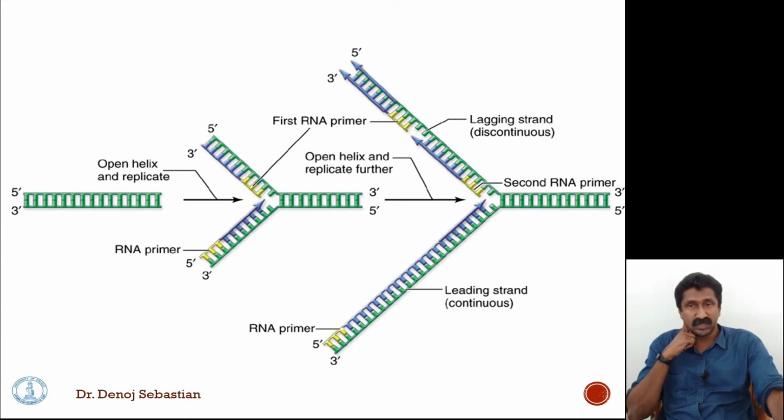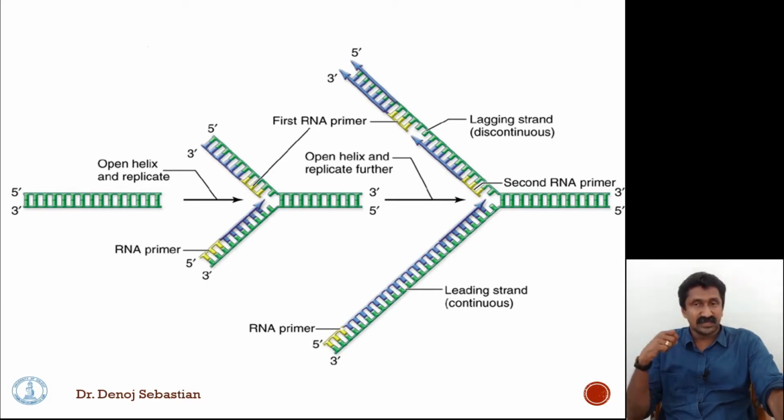This can be copied in the direction of movement of the unwinding, or movement of the fork, so that this strand can continuously go on synthesizing during the unwinding. Whereas for the second strand, the polymerase needs to start from here and copy to here, and another piece needs to be copied from here to here. So the direction of copying of the lagging strand is just reverse.